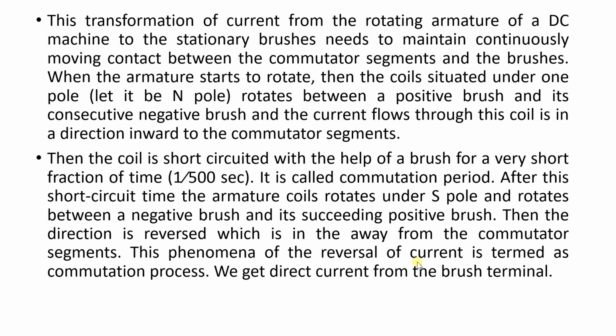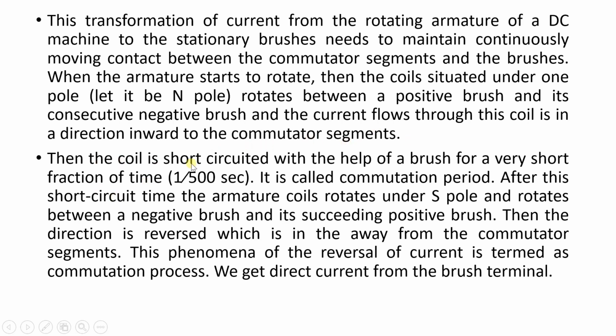When the armature starts to rotate, the coil situated under one pole, for example under the north pole, rotates between a positive brush and its consecutive negative brush, and the current flowing through this coil is in a direction inwards to the commutator segment.